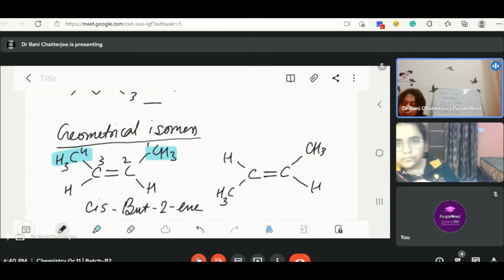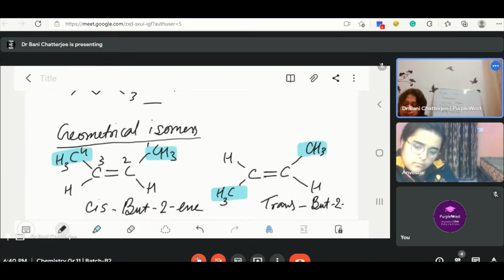And when both the CH3s are on the opposite side, then it is known as trans. Trans-but-2-ene. Cis-but-2-ene and trans-but-2-ene. Cis when both the CH3s are on the same side, and trans when both the CH3s are on the opposite side.